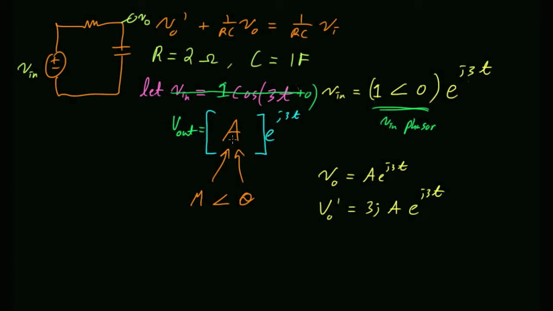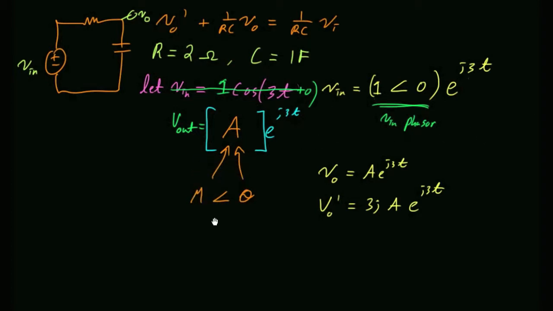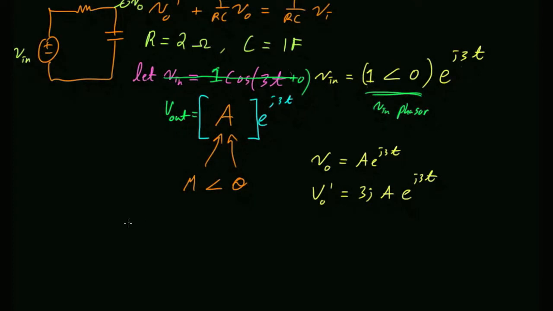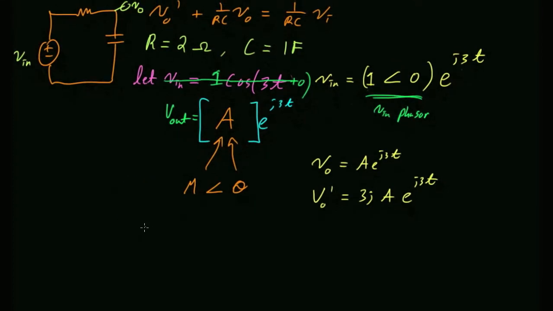So let's try this. Doing our substitution into the differential equation, we get 3jA e to the j3t plus, now we need 1 over RC. Well, that's easy. RC is 2, so 1 over RC is a half.